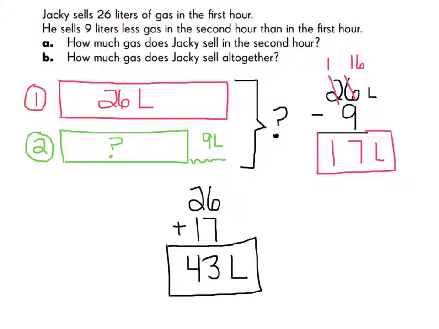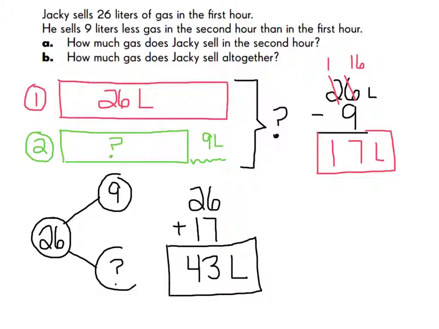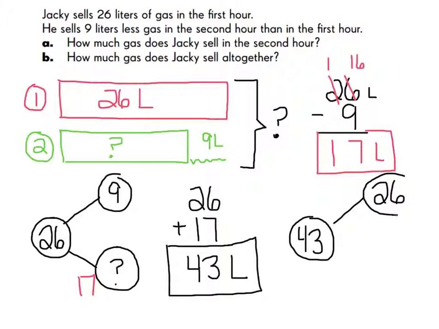We can show the number bond of 26 minus the 9 gives us that value of 17. We can also show that 43 total liters is a result of 26 in the first hour, 17 in the second hour.